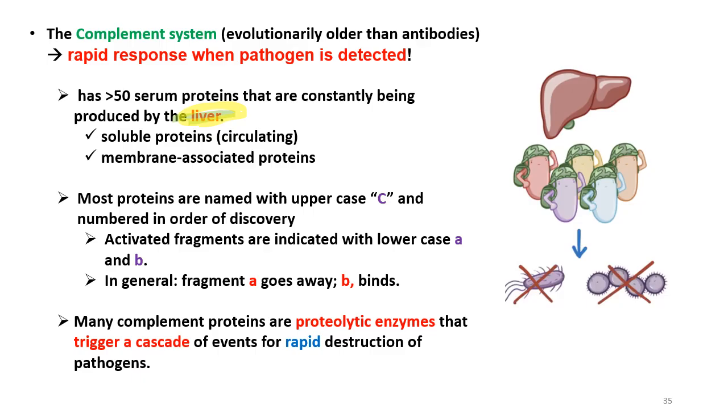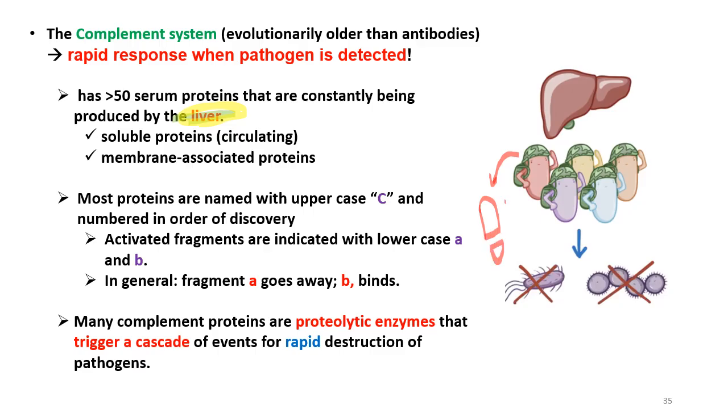What is happening here? When the proteins of the complement system get activated, well, first, when they're just floating around doing the surveillance, you call it a capital C for the protein. When it gets activated, those proteins are going to break into two pieces. In case of this one, there is going to be a larger piece and a smaller piece.